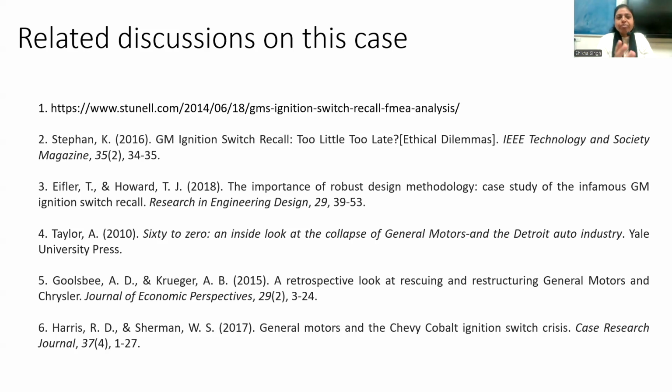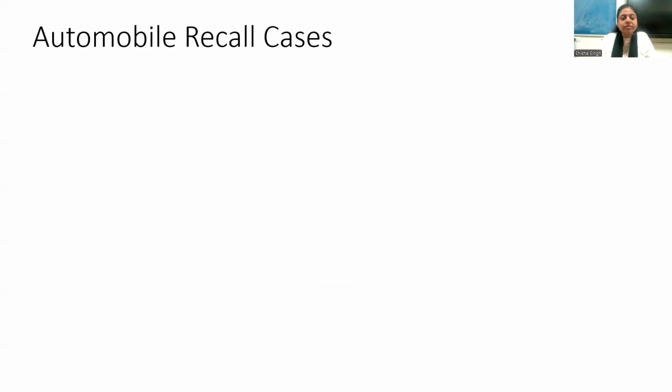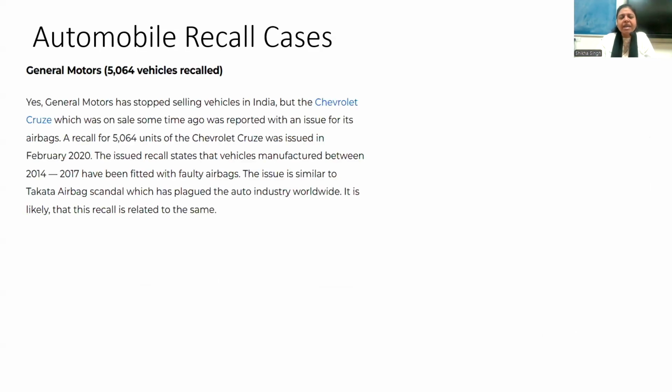So now I would like to state one common statement here: after discussing this case, you feel that it's not just the General Motors case. There are multiple automobile recalls that happen in the world, right? This is not just one case of General Motors with the ignition switch issue and recalling multiple cars, but there are many cases.